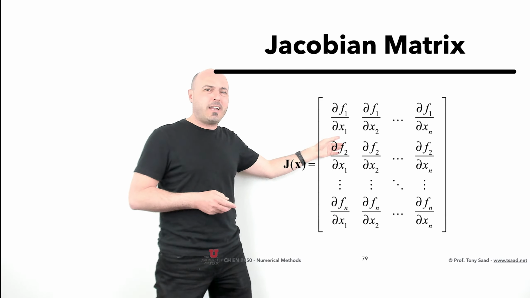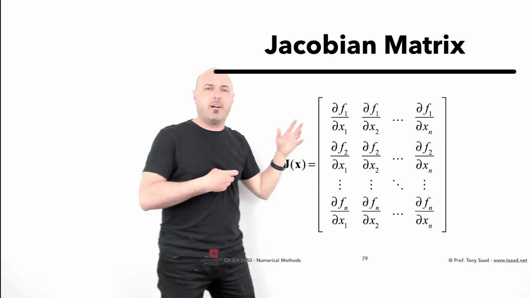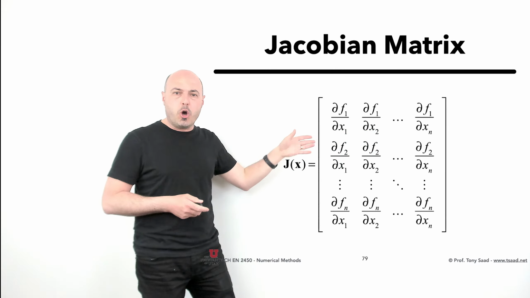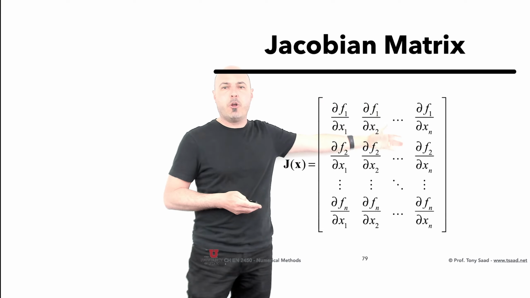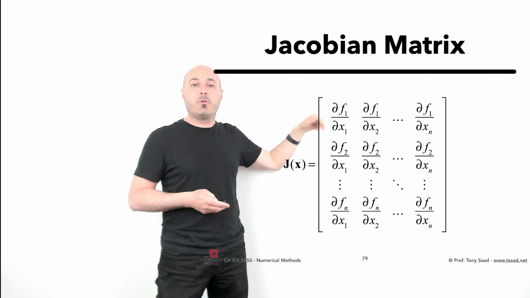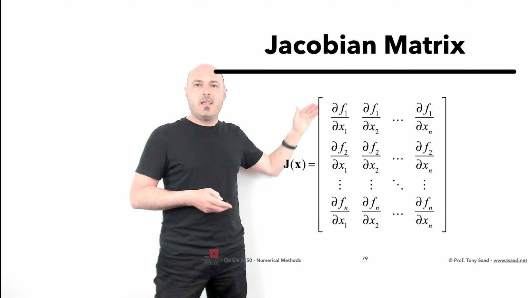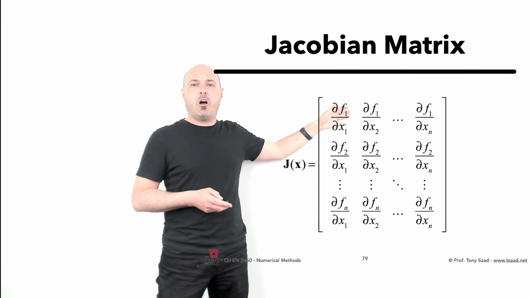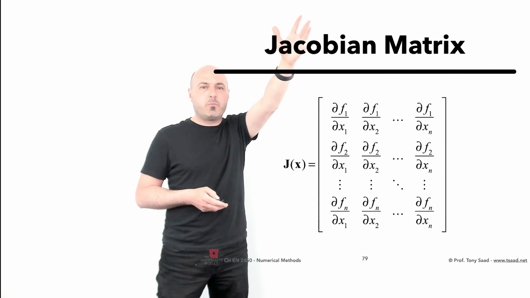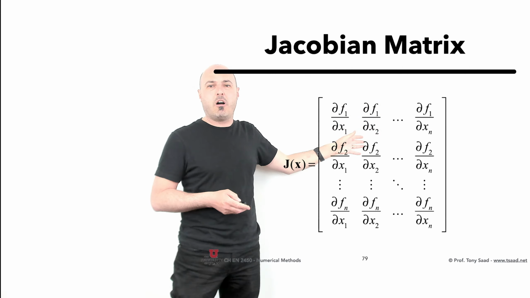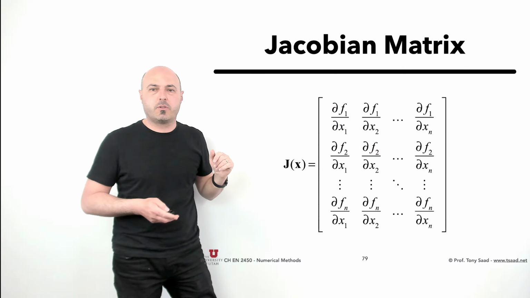Now, pay attention here, x1 and x2 and xn, they're not the iteration count. They are unknown 1, unknown 2, unknown 3, unknown 4. Don't confuse that with the iteration index, okay? Remember, f1 is a function of x1, x2, x3, x4, whatever. f2 is a function of x1, x2, x3, and so on and so forth, okay?